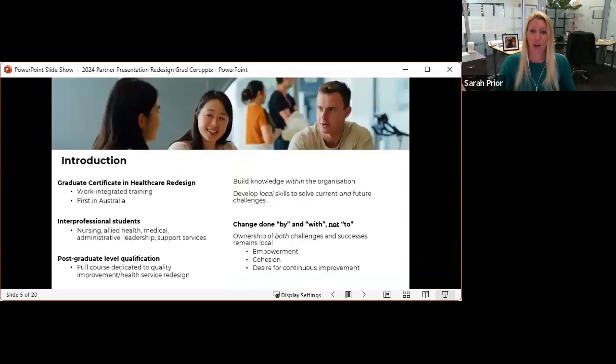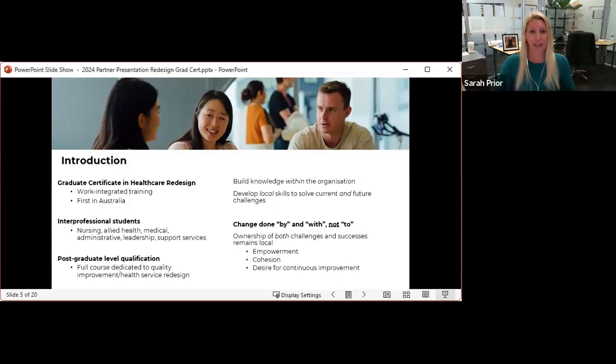So the healthcare redesign program, it's really set apart by the way in which it's delivered and the types of outcomes that we can achieve. So students who undertake our healthcare redesign courses develop skills in redesign based on methodologies that have proven outcomes, as I said again, for organisations, for staff, and of course for patients, families and communities.